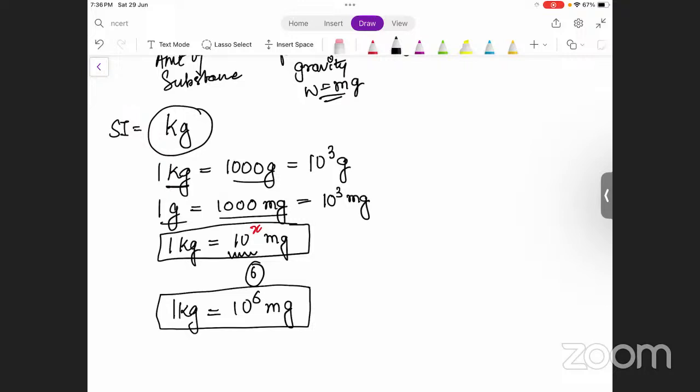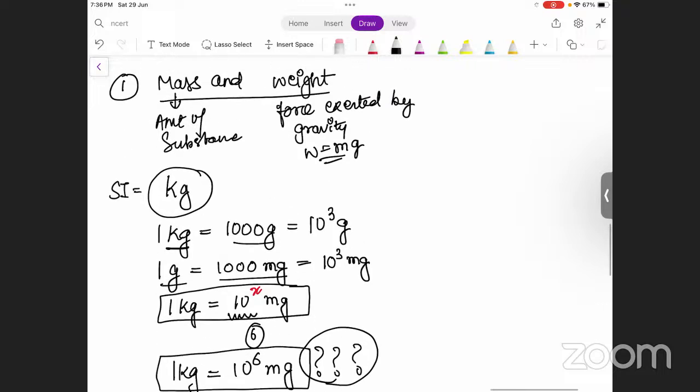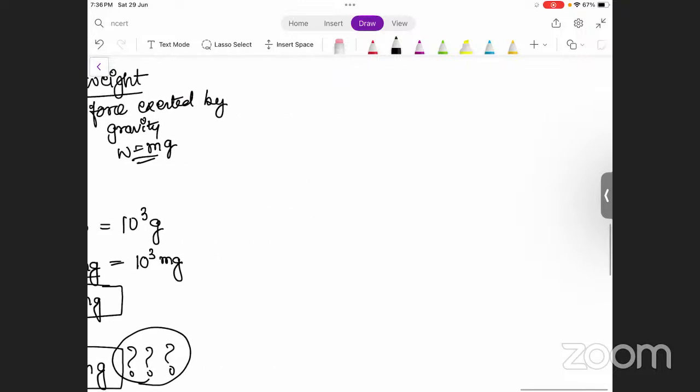If you know how we got it, then we'll move to the next topic, which is volume. Is it 10 raised to the power 6 mg? This is our question. If you know how you did it, then you will get the correct answer. I am not getting any other answers. Just Bhavna has answered that it is 6. So we will leave it for tomorrow and see whether you get it right or not.